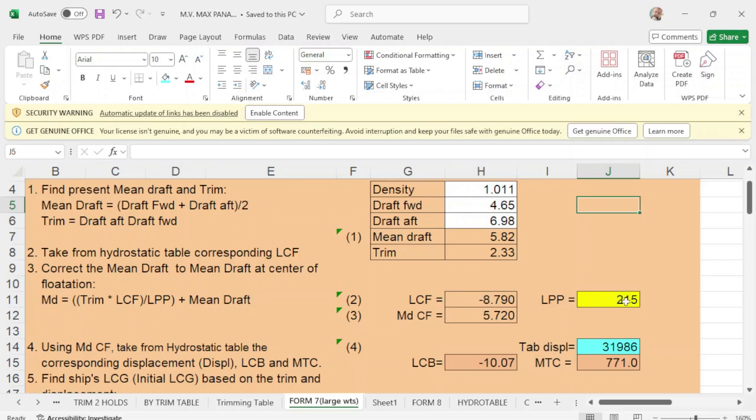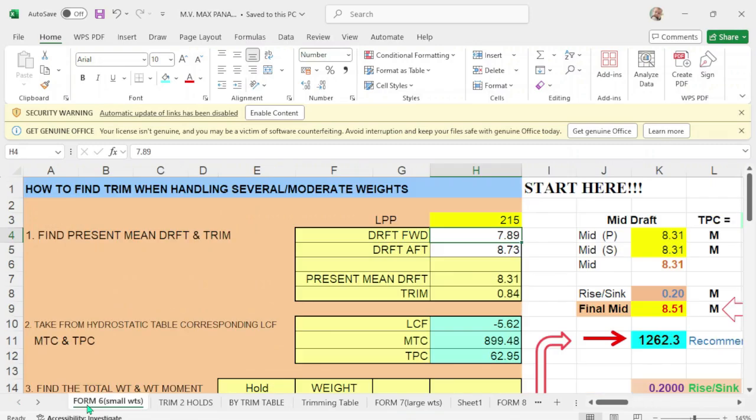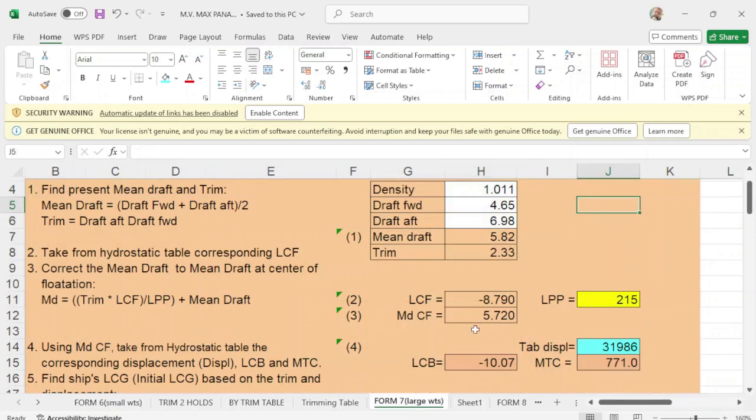Our LPP is 215. So what is this mean draft correction at center of rotation?